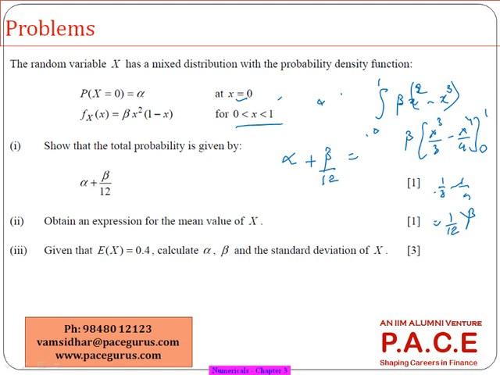So if you have something like P of X equal to 0 equal to alpha, and P of X equal to 1 equal to some beta, then F of 1 equal to alpha plus beta, whereas F of 0 equal to only alpha. That is not the case at all. Discrete is handled discrete, continuous is handled continuous separately.